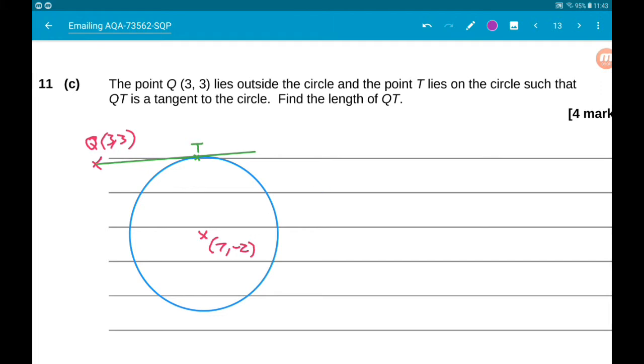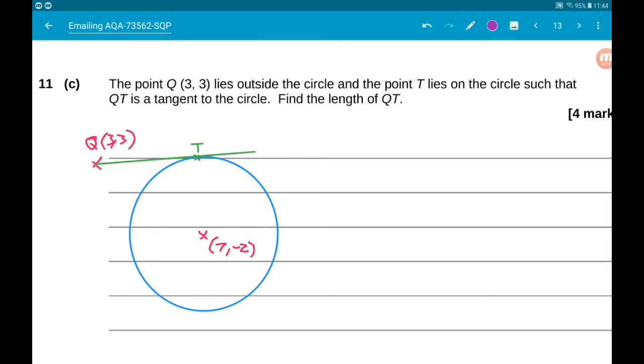Okay, then for part C, we are told the point Q (3, 3) lies outside of the circle and the point T lies on the circle, such that the line QT is a tangent to the circle. We want to find the length of QT.